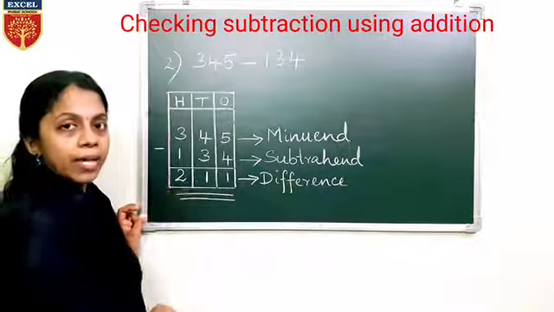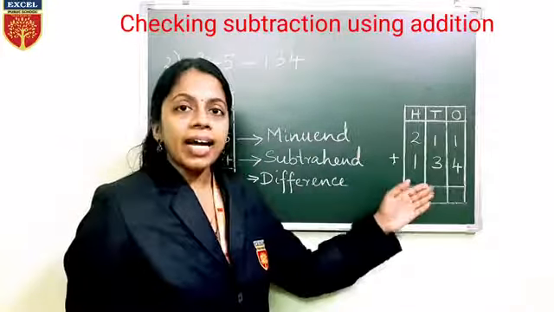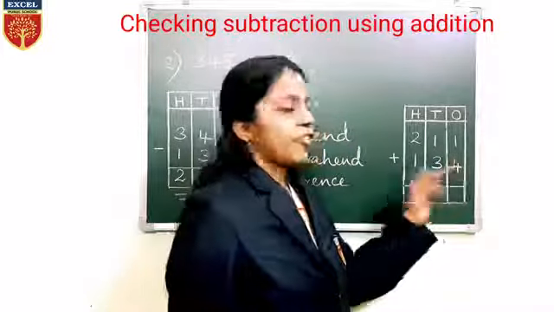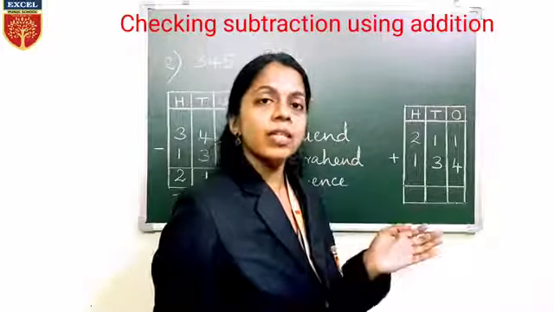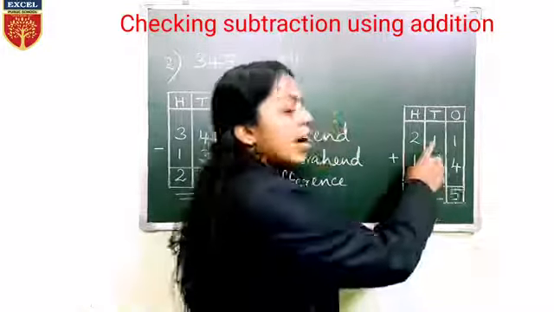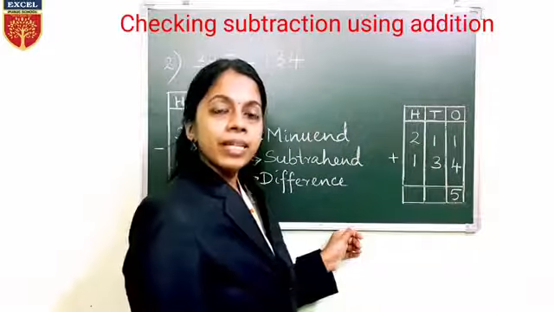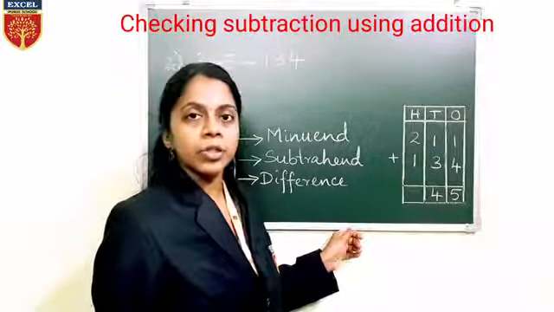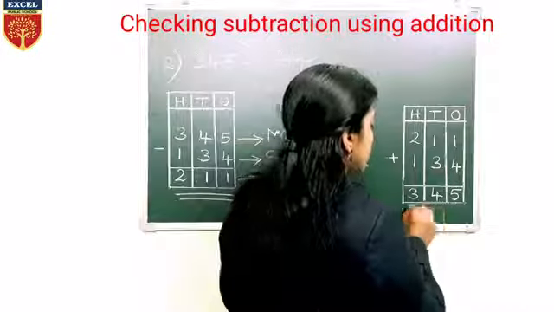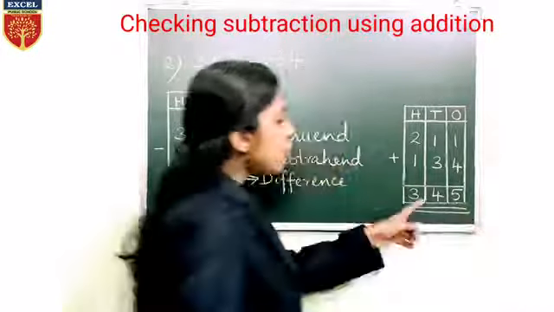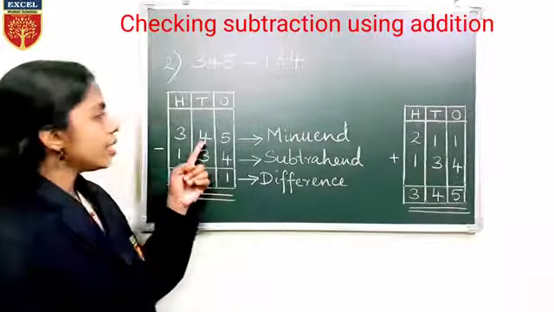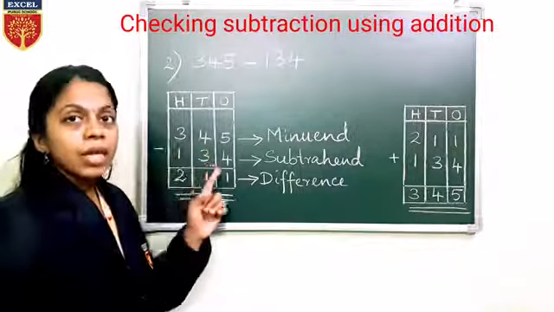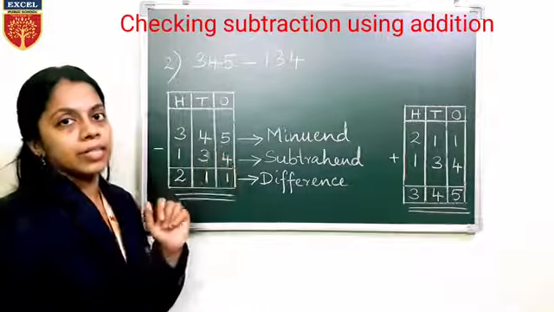Let's add and check. 1 plus 4 is 5. 1 plus 3 is 4. 2 plus 1 is 3. So we got 345. See, here also 345, which means our answer is correct.